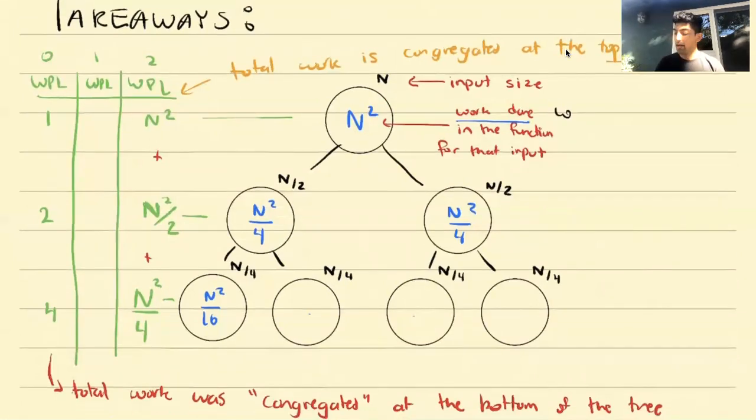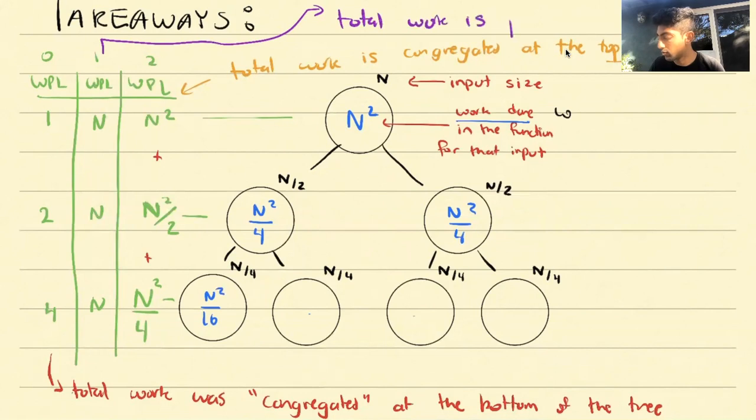Okay, and then the middle example, if you guys recall, went n, n, n. So if we kind of think about this middle example, we can say that the total work is spread evenly.